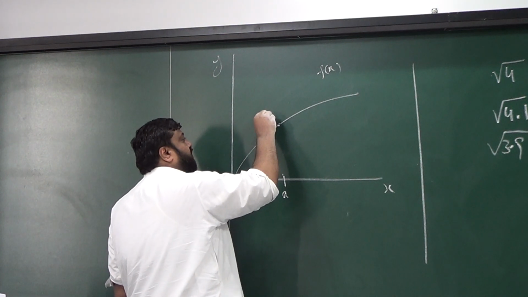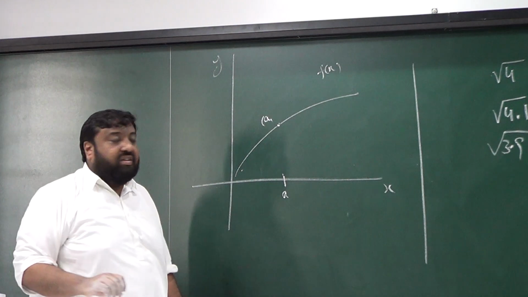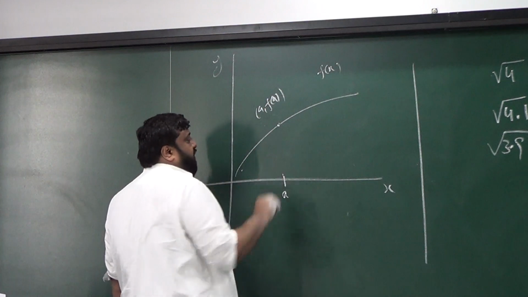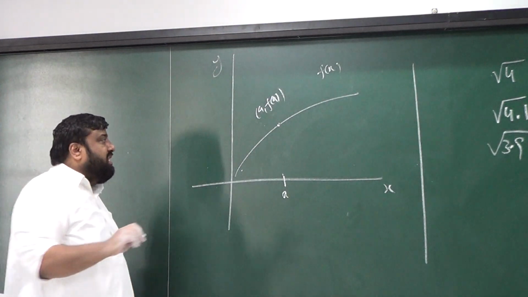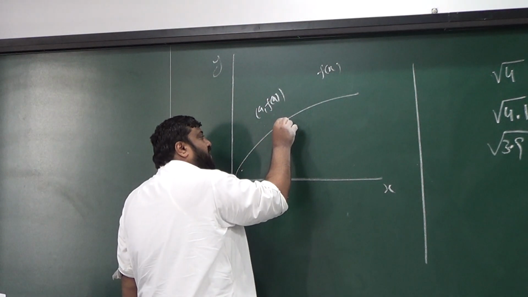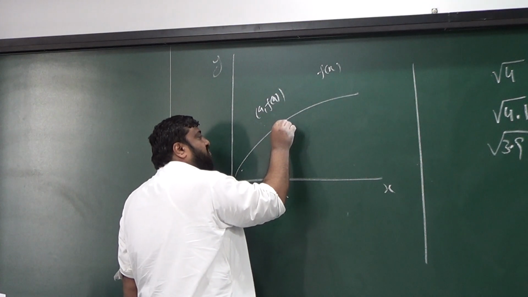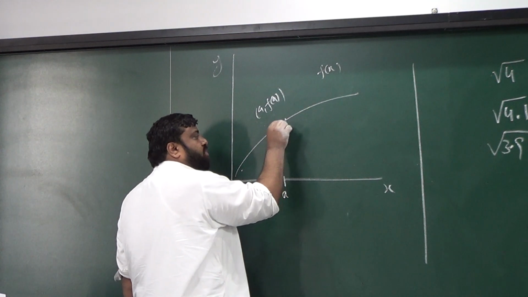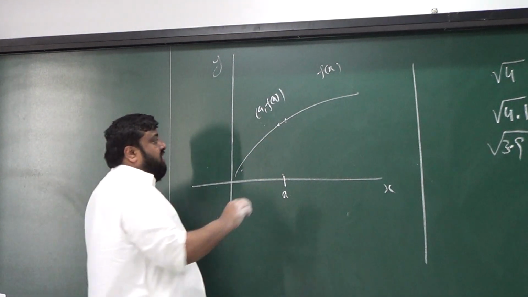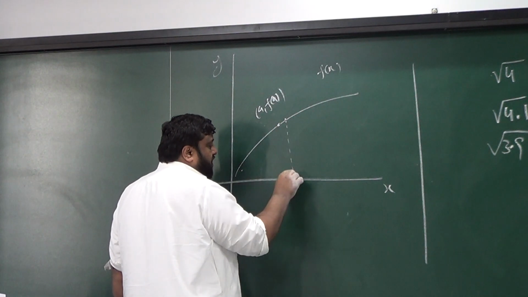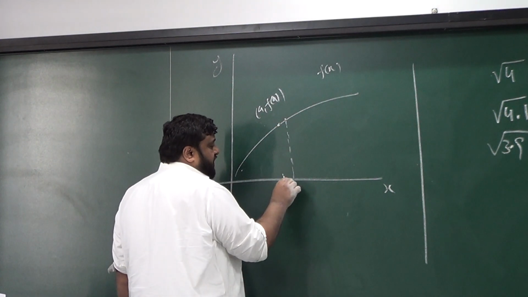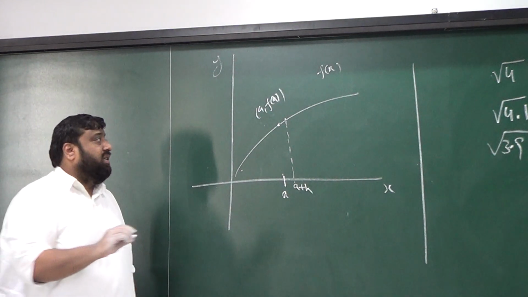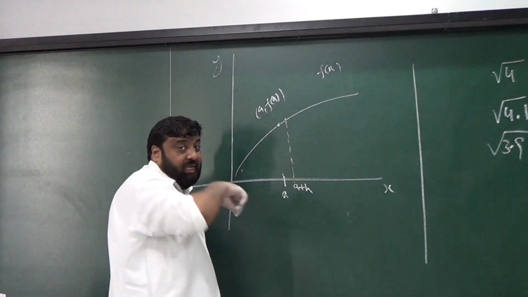So the coordinates are a and f of a. What I'm interested in is computing a value that is near to this known point. Let's call this a plus h. So this is going to be a plus h and f of a plus h.